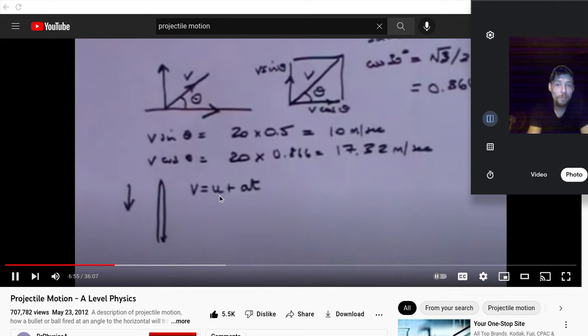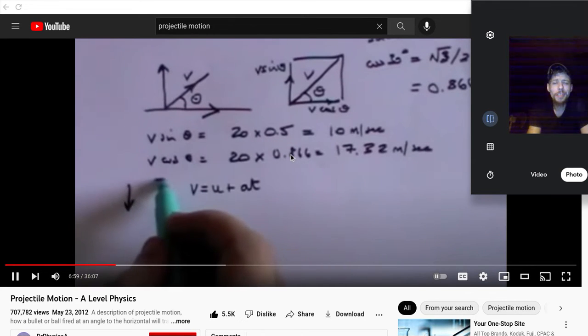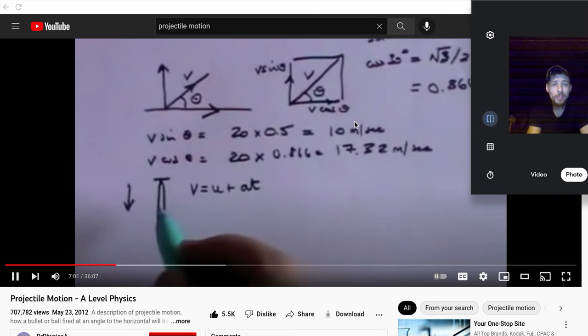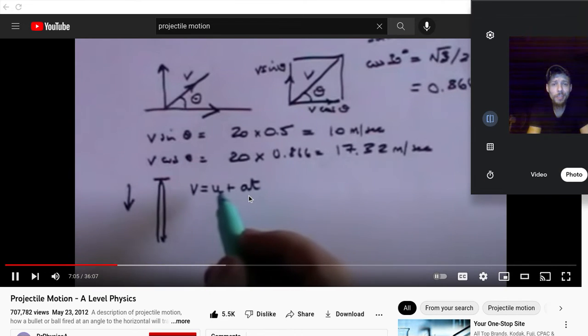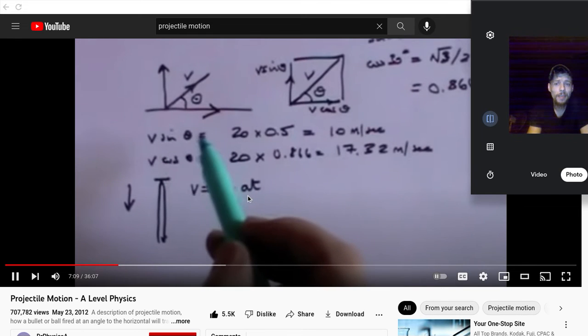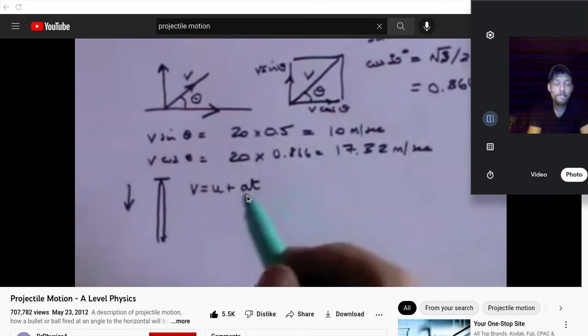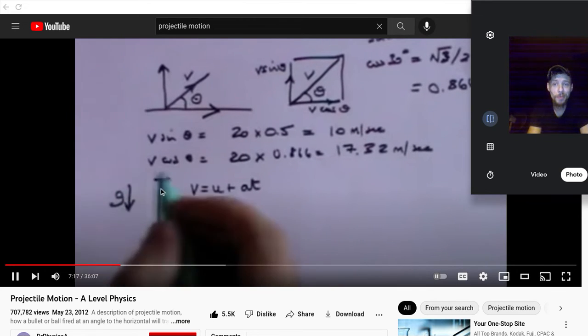In the vertical direction, V is the final velocity when the ball gets to the top, which is obviously zero because the velocity is zero and it then starts falling back down again. U is the initial vertical velocity, V sine theta, which is 10 meters per second. And A is, of course, G, which is acting in the downward direction.